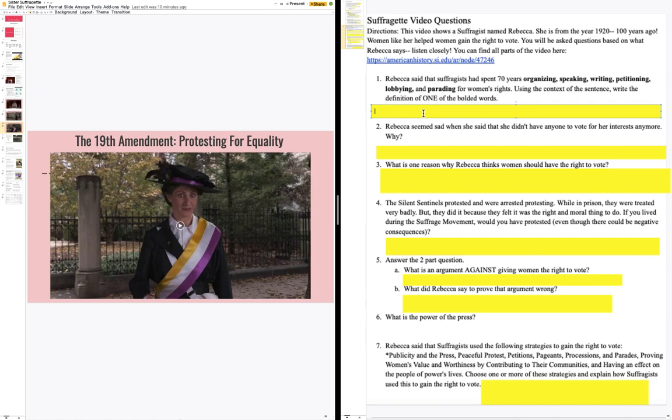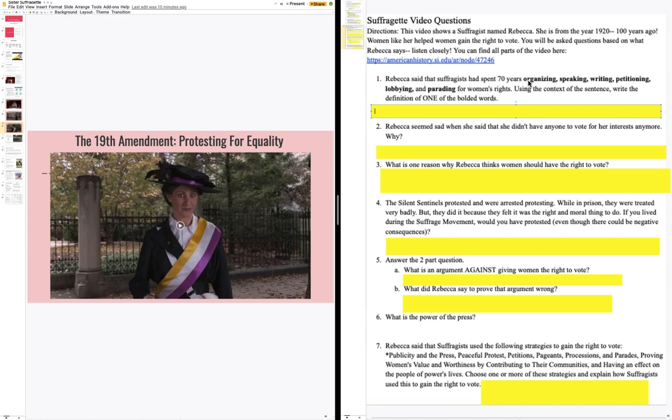She said that other suffragists had spent 70 years organizing, speaking, writing, petitioning, lobbying, and parading for women's rights. Using the context of the sentence, write the definition of one of the bolded words. The context of the sentence just means what this sentence is really saying.